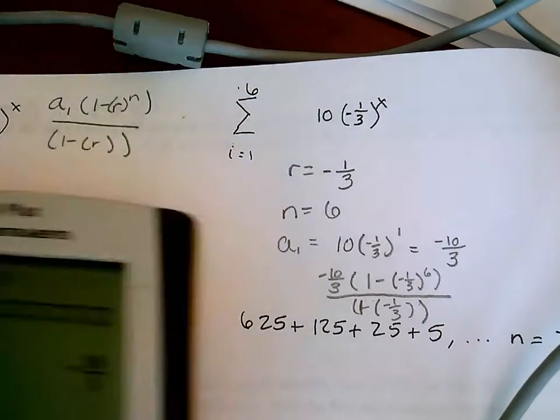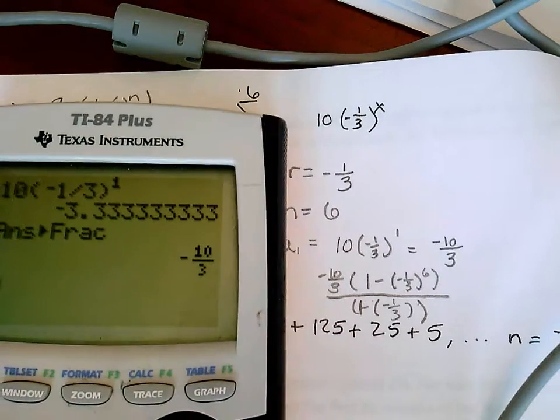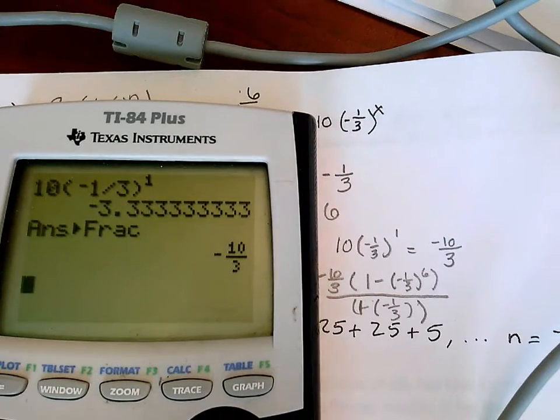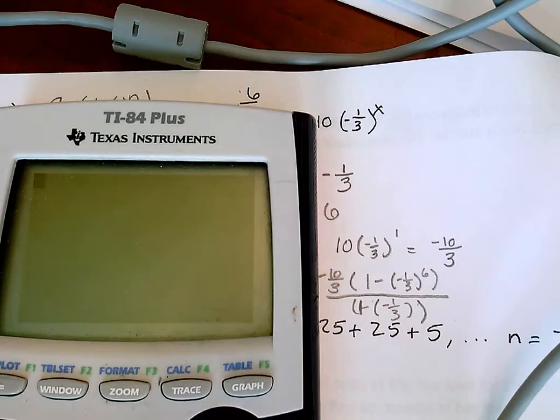So we're going to put that exactly in our calculator as we see it. We're going to start with negative 10 divided by 3, okay? And open parentheses, 1 minus, open the second parentheses, negative 1 divided by 3, close the parentheses, put that to the power of 6.